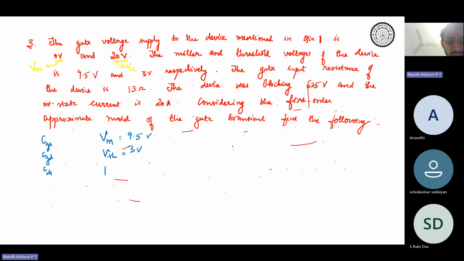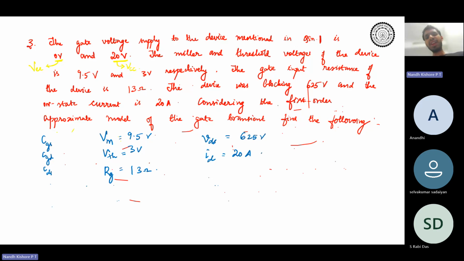The gate input resistance, or RG, is given as 13 ohms, right? And the VDS that it was blocking is going to be 625 volts, and the on state current, or ID, is given as 20 amperes.